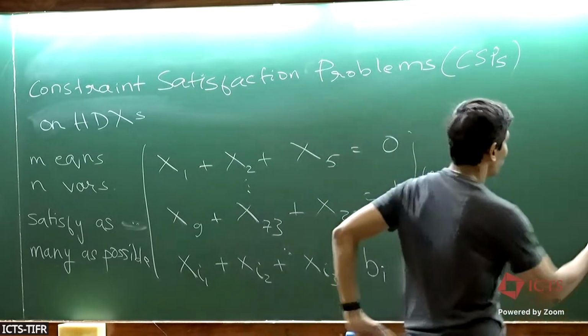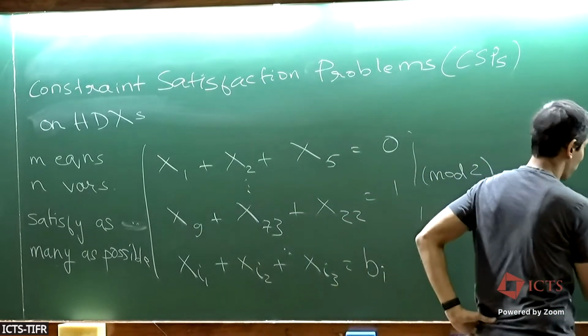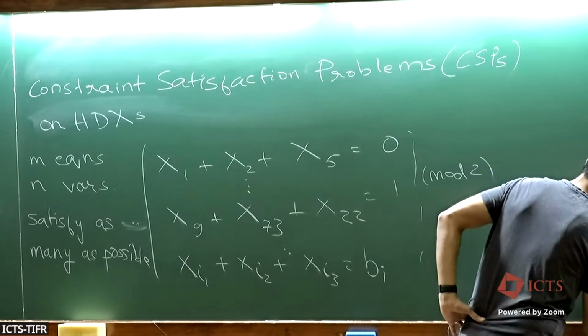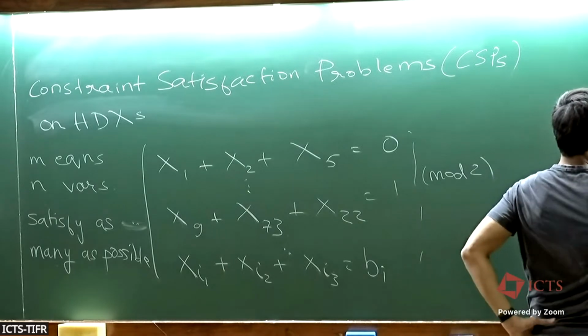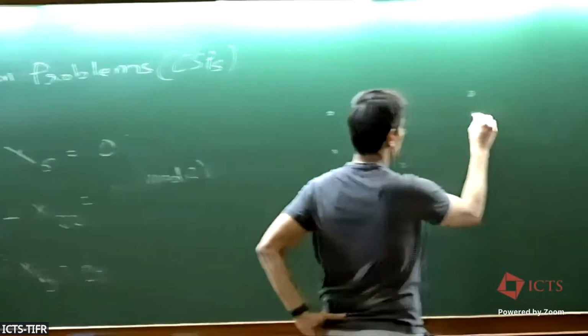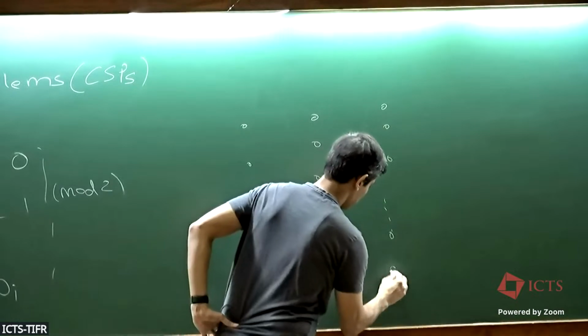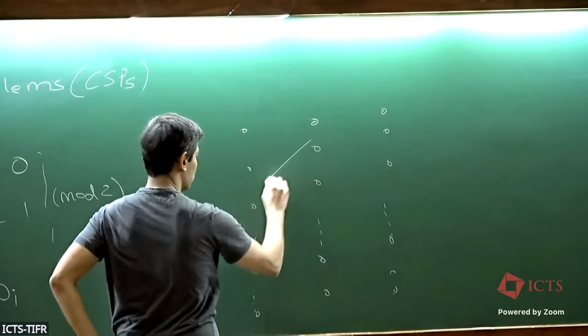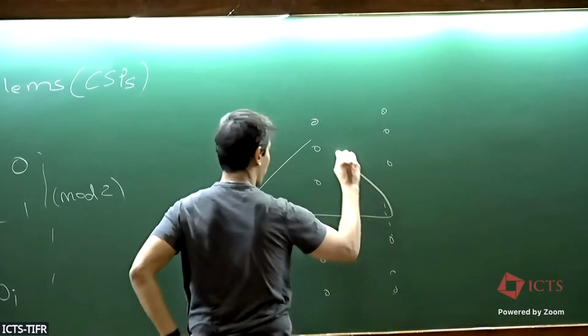So let's draw an HDX, and I'm going to draw a partite one, but you don't have to. Let's say we have some complex in which we have a bunch of triangles.